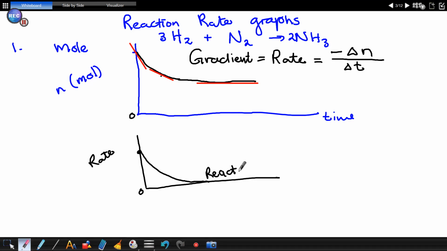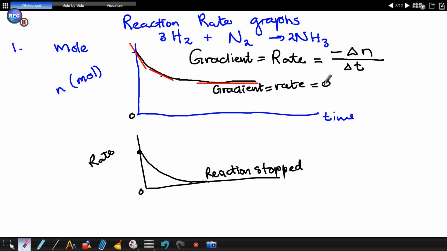Oh, so the zero on the rate graph is where the gradient is 0. Because it will have the same x values. The time values will be the same, but the physical value on the y-axis will be different.